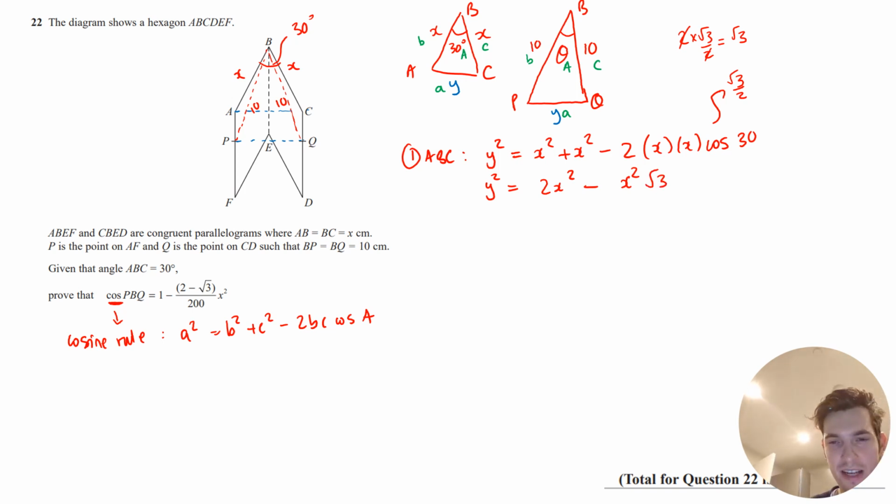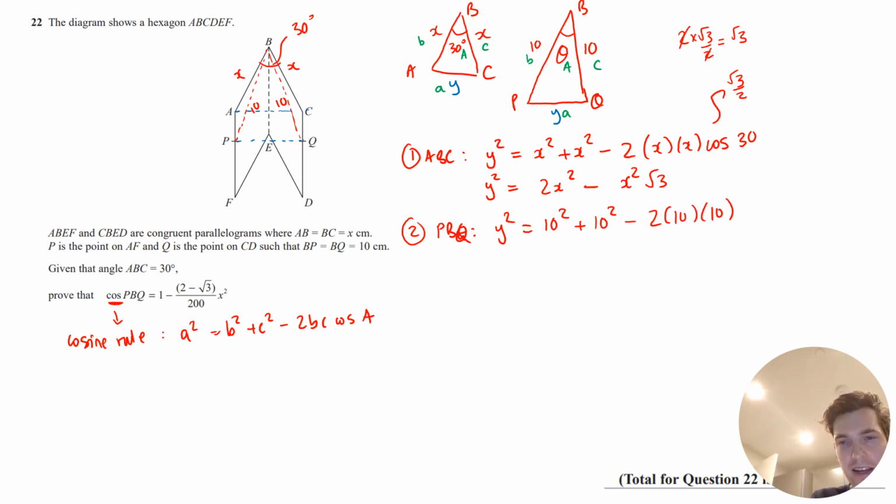Okay, so let's leave that for now. Let's now look at triangle PBQ, and we'll do the cosine rule again. So what have I got? I've got y squared again equals 10 squared plus 10 squared minus 2 times 10 times 10 times cos theta.